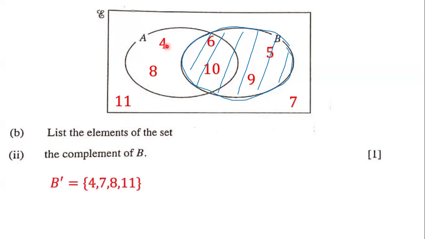Well, we have 4, 7, 8, and 11. These are the elements that are part of the universal set, but they are not part of the set B.